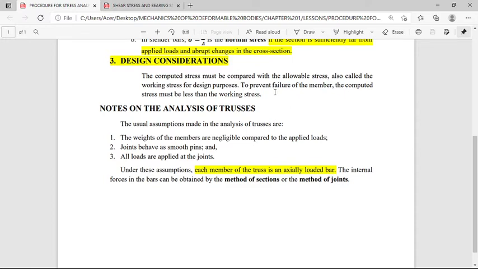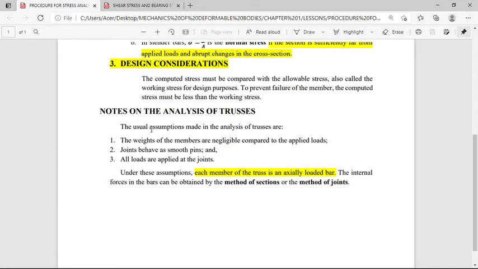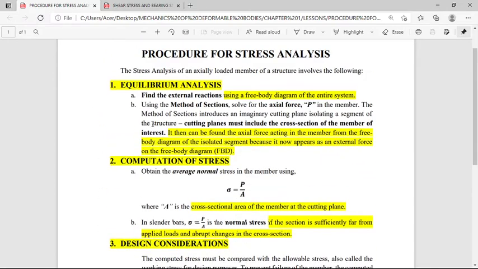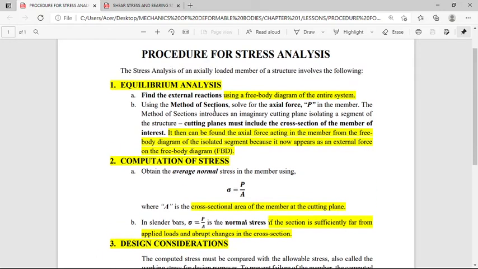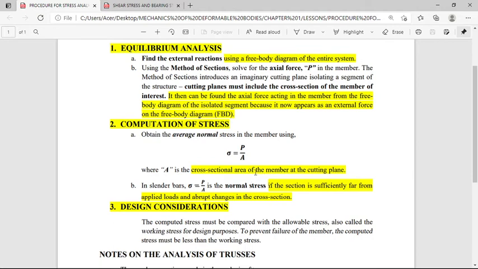Okay? So, ayun. Yun yung step-by-step procedure for stress analysis. So, napakasimple. Tandaan, the use of equilibrium equations, obviously, and applying the principles that you've learned in statics of rigid mechanics last semester. And the next step is the computation of stress using our formula P over A. That is the foundation formula.